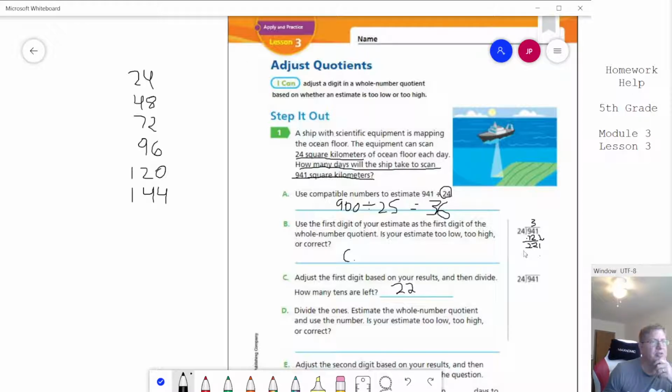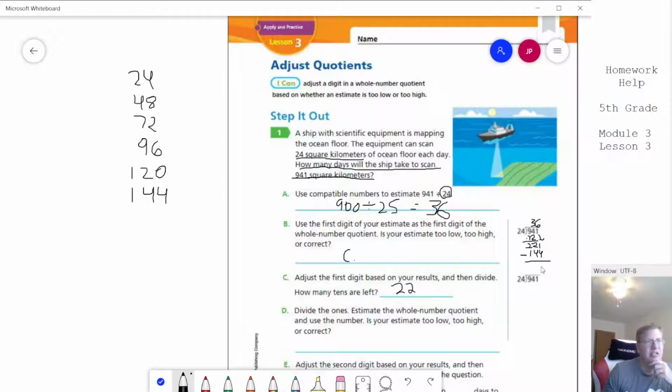So now the number 6 isn't going to work. If I go ahead and plug the 6 in up here, which was from my estimate, we are going to get only 144. When we subtract, we are going to have way, way more than what we actually need.